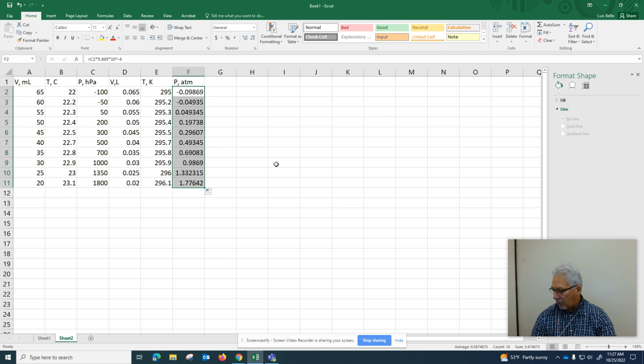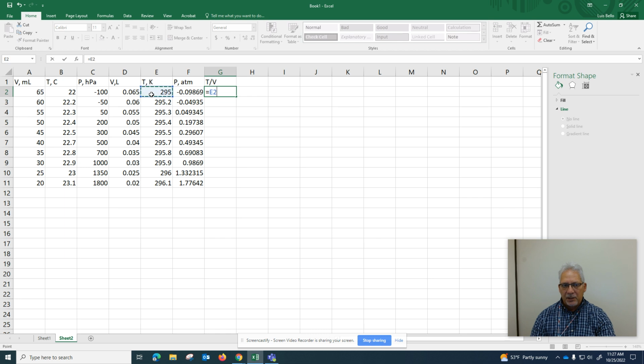That will be your column F, and looking at the procedure, column G will be T over V, temperature divided by volume. Again, you type the equal sign to introduce a formula. The temperature will be E2, divided by the volume in liter, that will be D2, right?